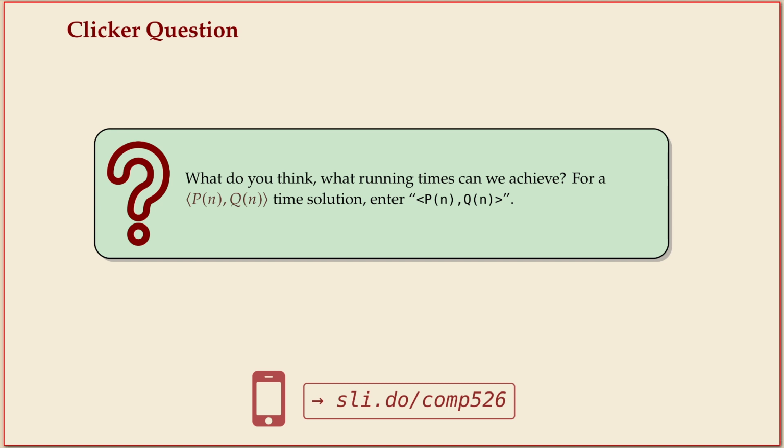So your answer should be of this form with two running times. So for example, in angle brackets 1, 1 would be you spend constant time on the pre-processing and constant time on the queries. I mean, spoiler alert, that's not going to be possible. That's the kind of format that you're aiming for.